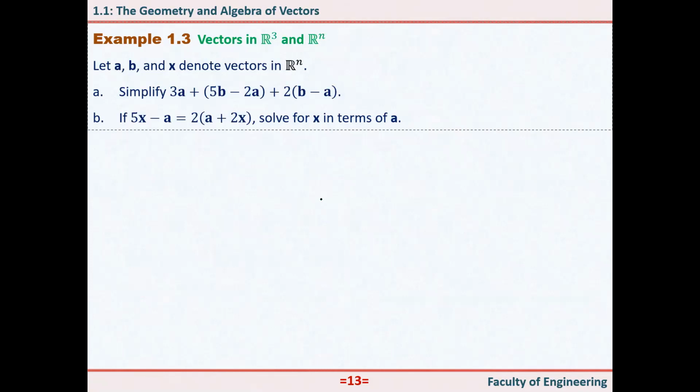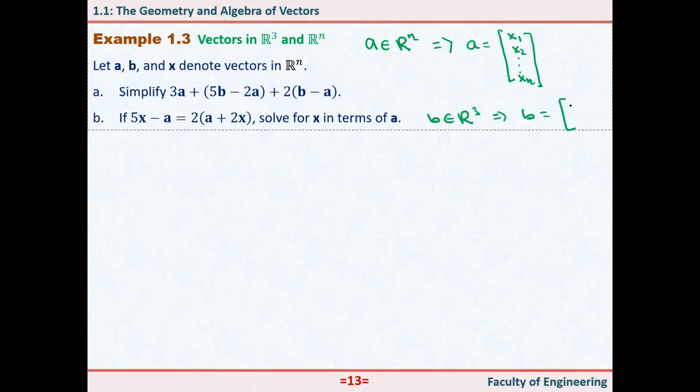If vector A is from Rn, it means that A has n components: the first component is x sub 1, x sub 2, dot, dot, dot, here we have xn. How about if B is from R3? That means B has B1, B2, and B3.